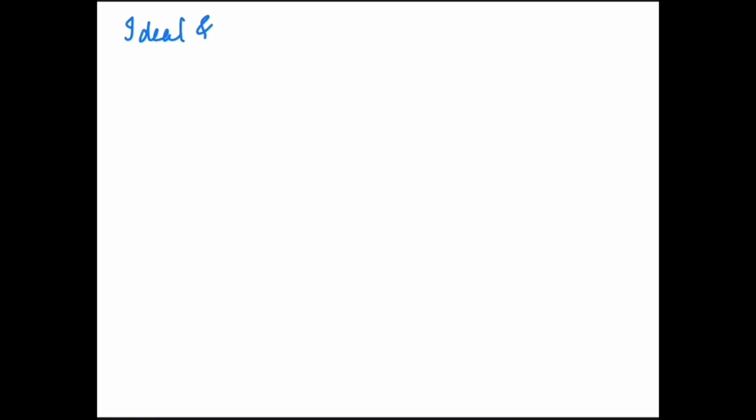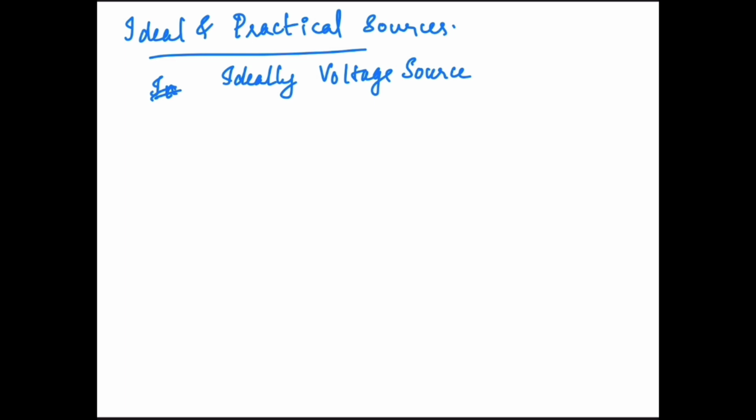Ideal and practical sources. Independent sources can be divided into ideal sources and practical sources. Ideal sources are theoretical sources, and practical sources are what is actually available in real life. Ideally, a voltage source of 12 volt will give us 12 volt as output, whatever be the current.